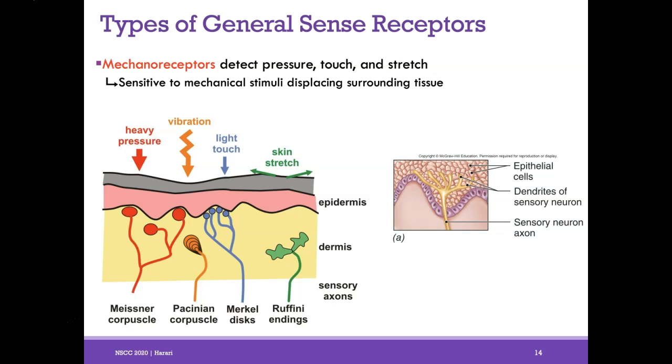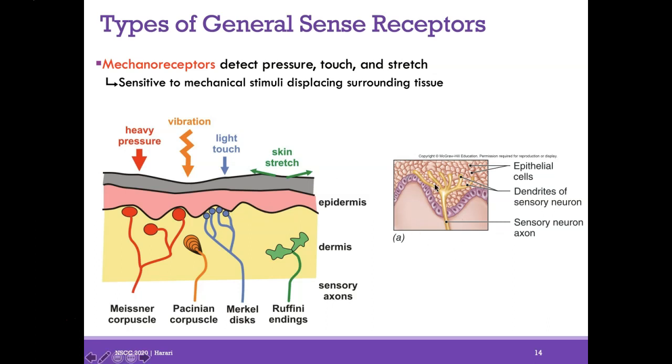There are so many kinds of different mechanoreceptors that can detect pressure. There are others that detect vibration, some that detect stretch, some that detect very light touch versus very pointy, like pain, very sharp touch. So mechanoreceptors are the general class of receptors that respond to any physical deformation of the cells or tissues that are caused by vibration, touch, pressure, stretch, or tension.